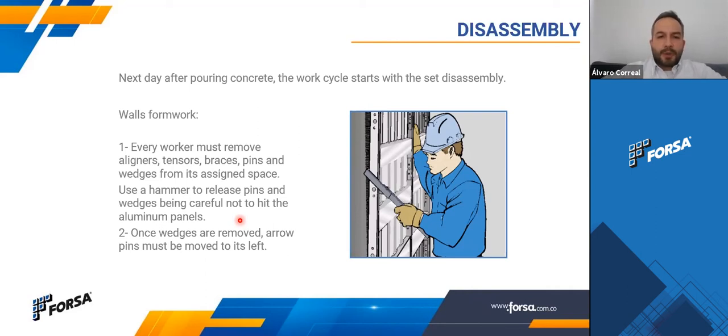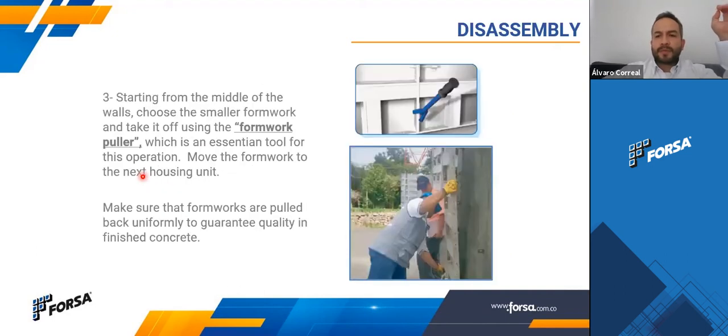Now we are going to talk about striking the formwork. That's the next day. We already talked about assembly. So the next day, the workers come and remove all the steel accessories, aligners, tensors, braces, everything that is holding the panels together.